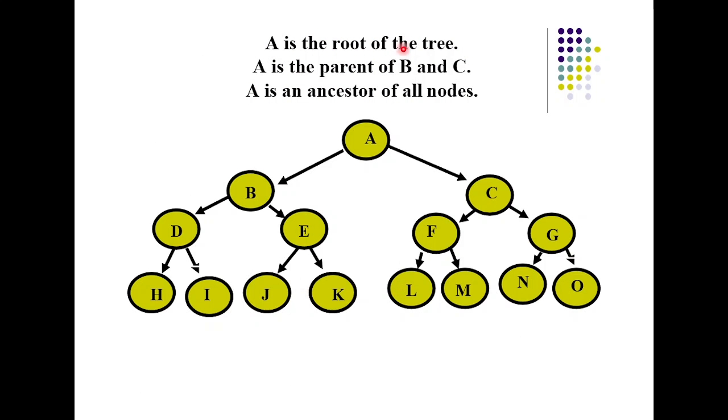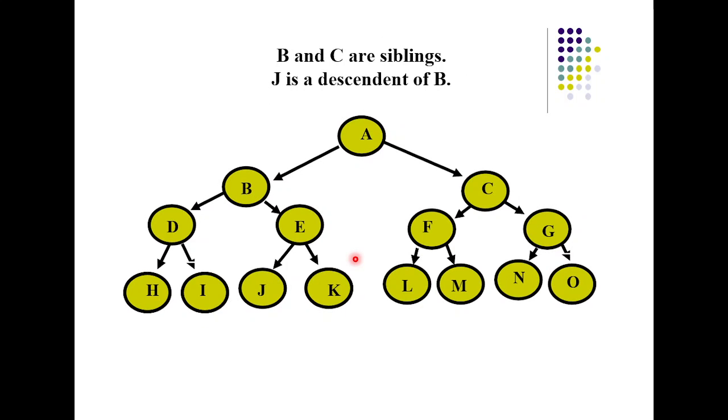Then you can see this diagram also. Here A is the root of the tree, and A is also the parent of B and C, and A is the ancestor of all the other nodes. Any two or more nodes which have the same parent are called siblings.